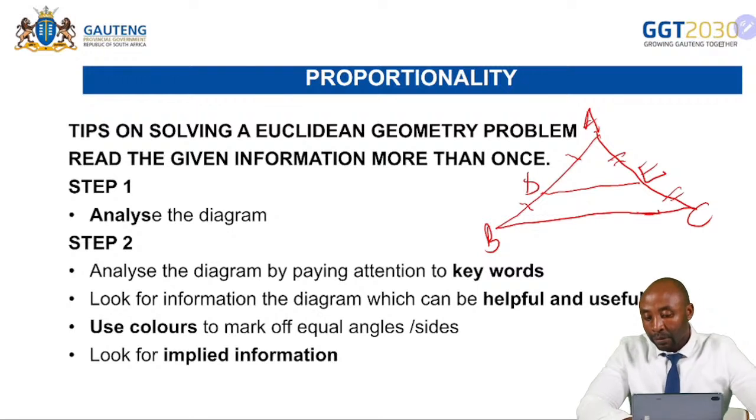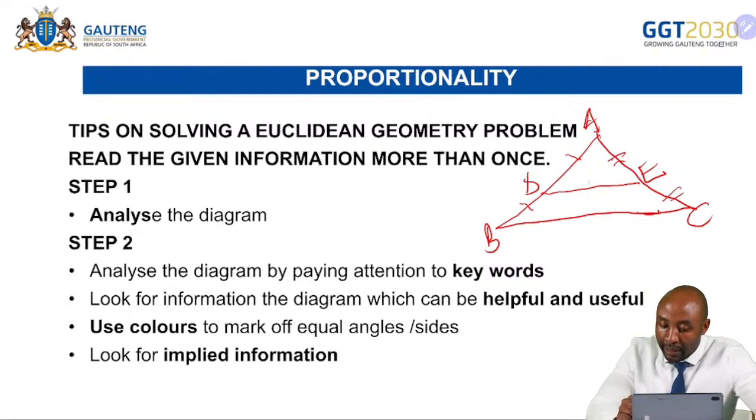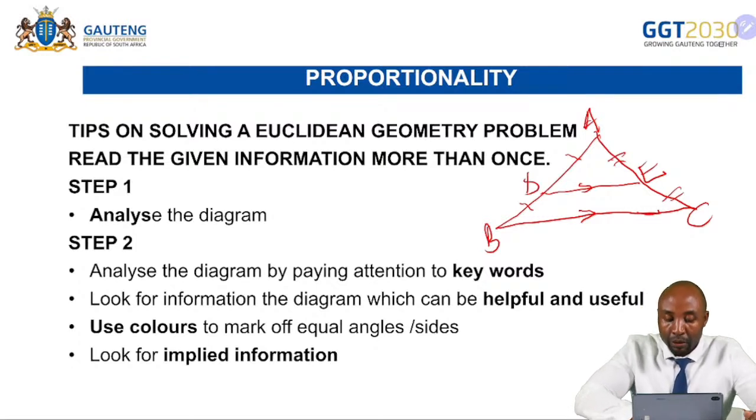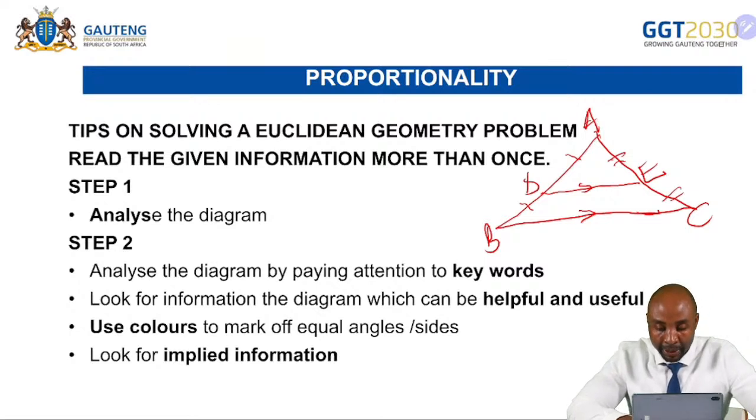You are now able to see that D becomes the midpoint of the side AB, and E becomes the midpoint of AC. And you can now conclude that your DE will be parallel to what? To BC. That is implied information that you get by merely looking and analyzing the diagram that you are given.